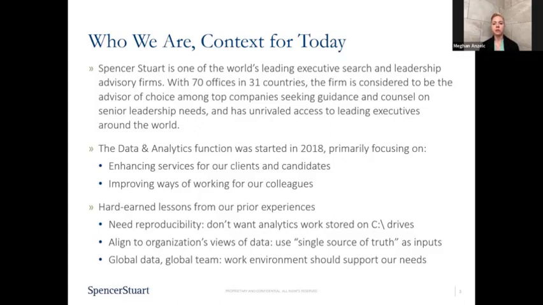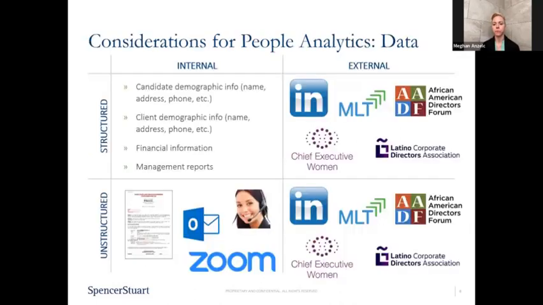And we knew we'd need to utilize data inputs that align to what the organization viewed as their source of truth. And then given that Stuart operates globally, we also needed to prepare both for having a distributed analytics team and for adjusting our analyses to meet needs of different regions and countries that the firm operates in.